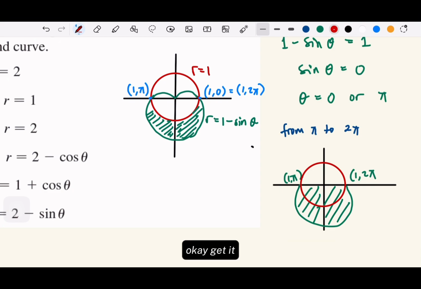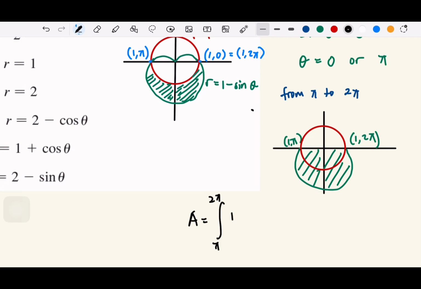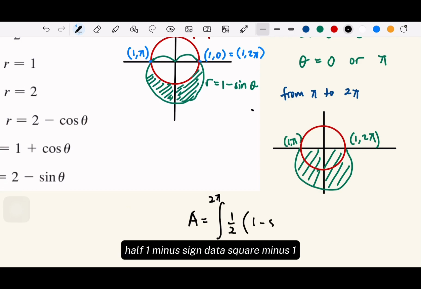Get it? So let's do that. This becomes the integral from pi to 2 pi of one half times (1 minus sine theta) squared minus 1.